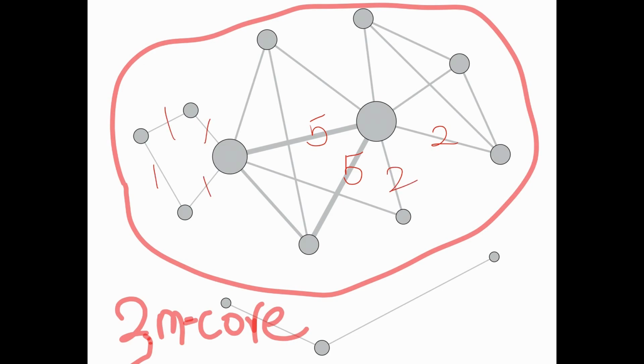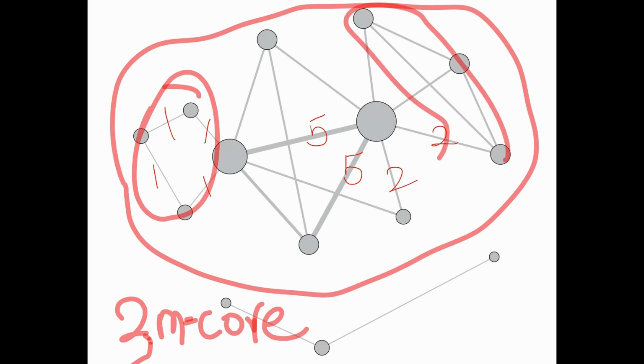So if we want to focus on the ties with a weight of at least 3, then we're going to remove this part of the network from this component, and this part also becomes removed, and other ties under 2, this also becomes removed.